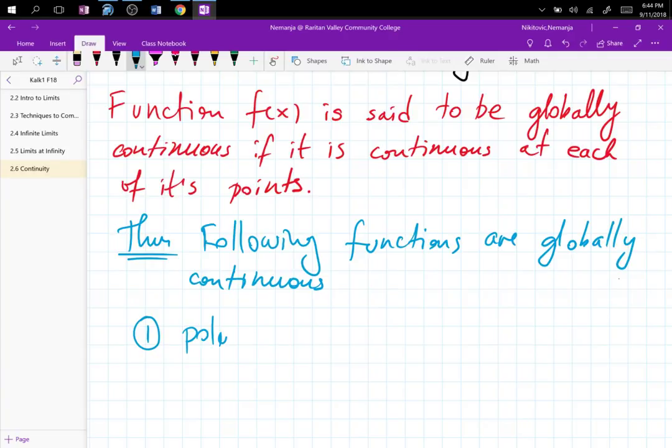Might be, I'll look. So polynomials are globally continuous. I'll find it, it's somewhere.